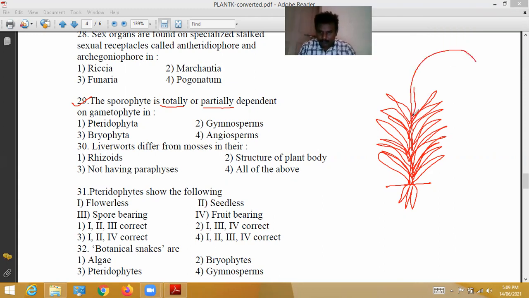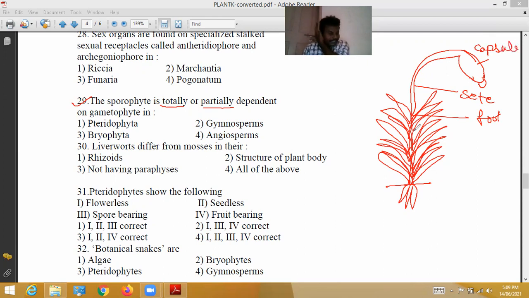This is called the sporophyte, the sporophytic structure. This is called foot, this is called seta, and this is called capsule. Here the sporophyte is totally or partially dependent on gametophyte.